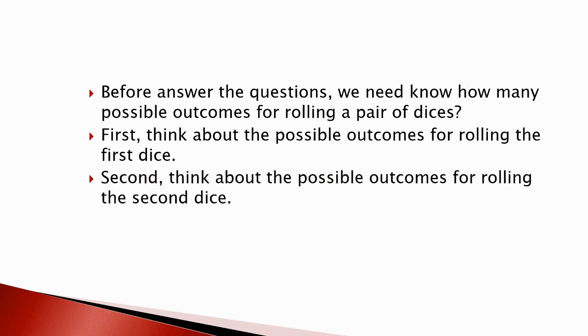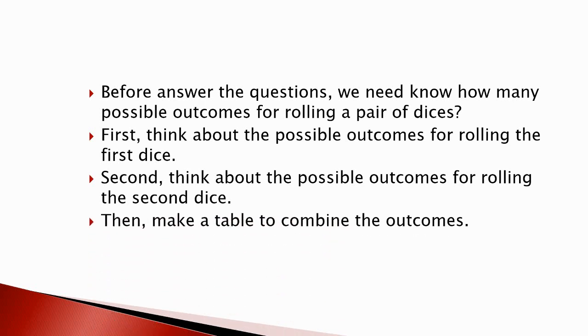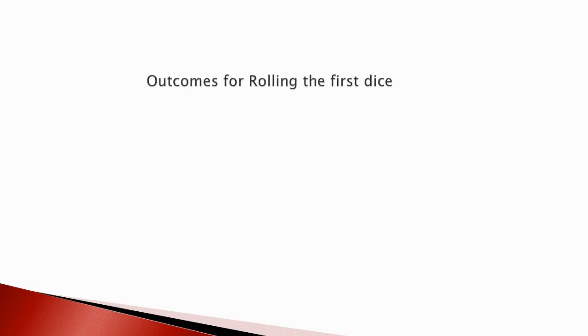Second, think about the possible outcomes for rolling the second die. Same as the first die, we can only get 6 possible outcomes, from number 1 to 6. Then make a table to combine the outcomes. The horizontal one represents the outcomes for rolling the first die.